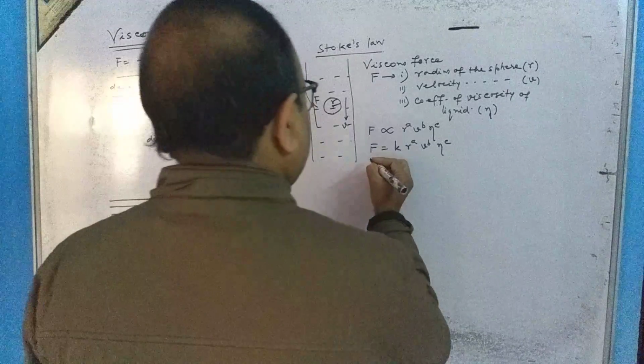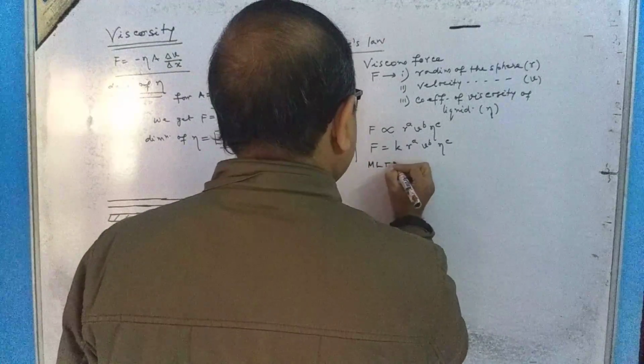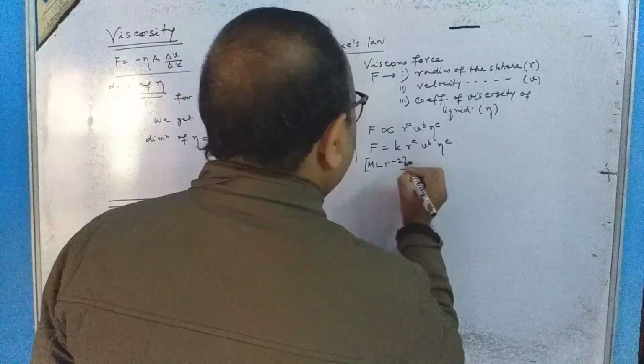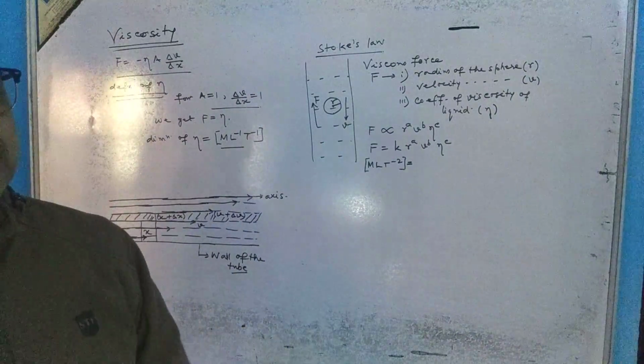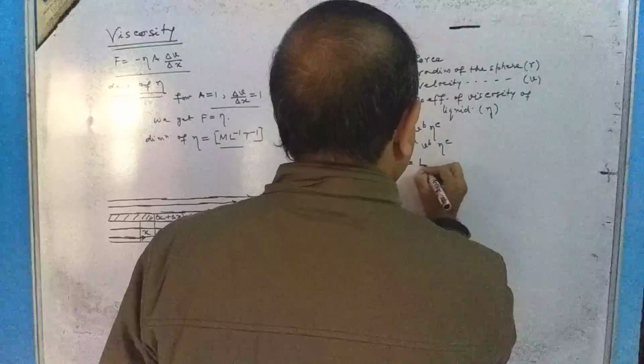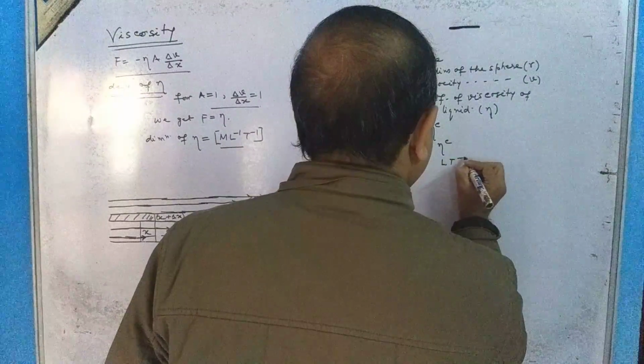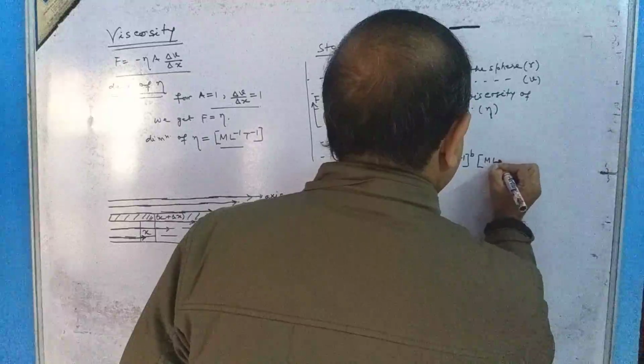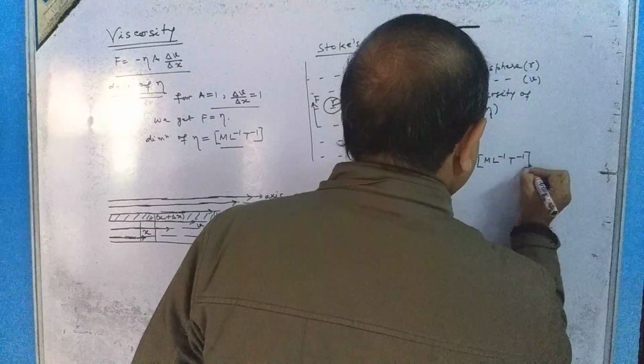This side is the force, with dimension M L T to the power minus 2. K is always considered a dimensionless constant. So L to the power a, L T to the power minus 1 to the power b, and M L to the power minus 1 T to the power minus 1 to the power c.